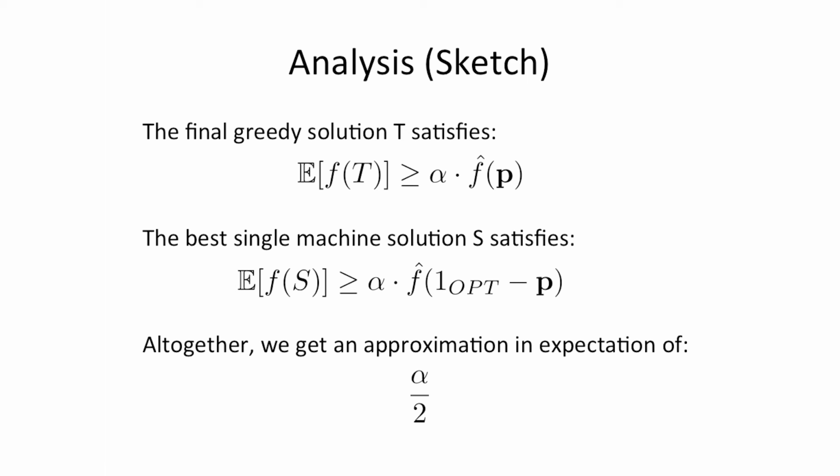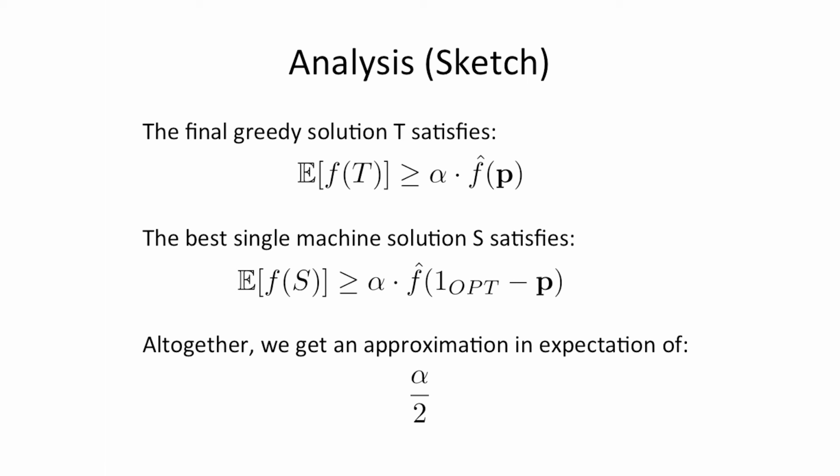So that's the easy part. The most interesting part is what happens when these probabilities P are low, so we are not getting very much out of this last machine. Then we want to say that whatever greedy picked in the first round in just one of the machines, let's say the first one, is already pretty good. And that is indeed the case.